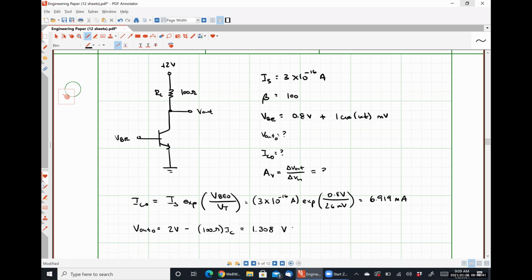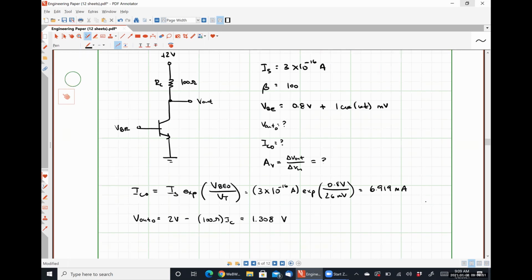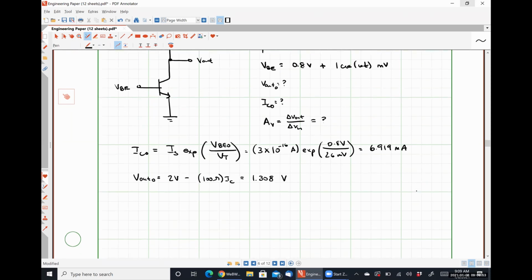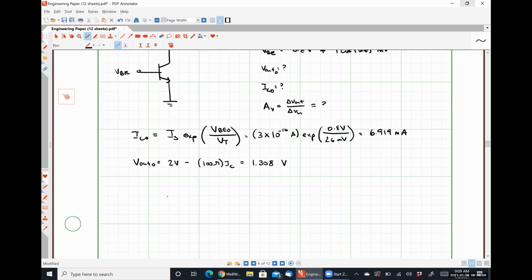So we're operating at 6.919 milliamps with an output voltage of 1.308 volts. All right, now let's look at the small signal portion of this guy. For our small signal analysis, it's actually going to be useful to draw the model.